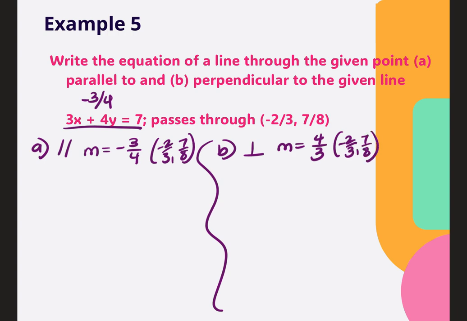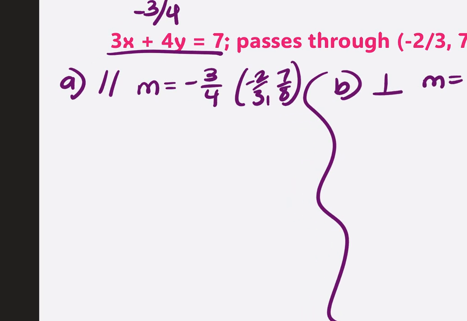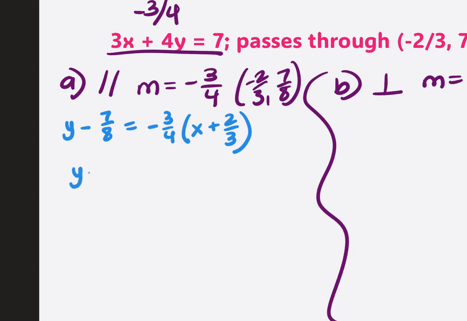I'm going to plug it into point slope. So I start with A. I get y minus y1, which is 7/8, equals m, negative 3/4, times x minus a negative 2/3, which becomes plus 2/3. So I get y minus 7/8 equals, distribute here, negative 3/4 x.